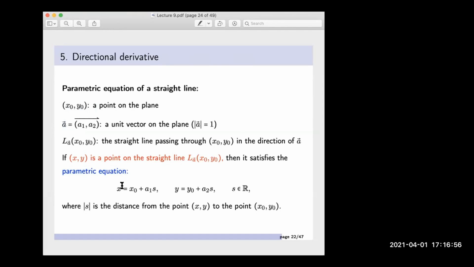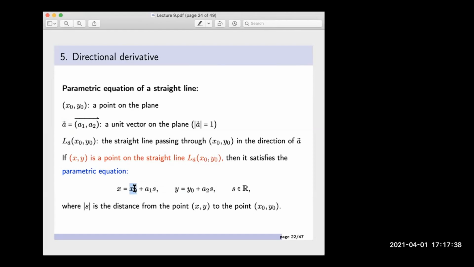For example, if xy is a point on this straight line, then x minus x0 and y minus y0 would form a vector. This vector would be proportional to this direction. So if this vector is proportional to the vector a, then it would be equal to a constant times this direction, a. That's why we have this parametric equation.